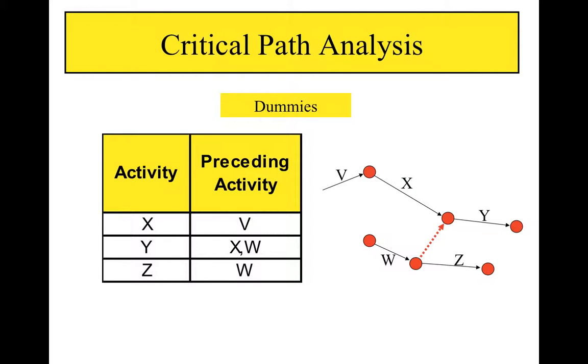This is possible with the dummy activity, shown with a red dotted line here. We are showing that x and w precede y, but because the dummy activity has direction to it, we are not implying that x precedes z, merely showing that w precedes z only.